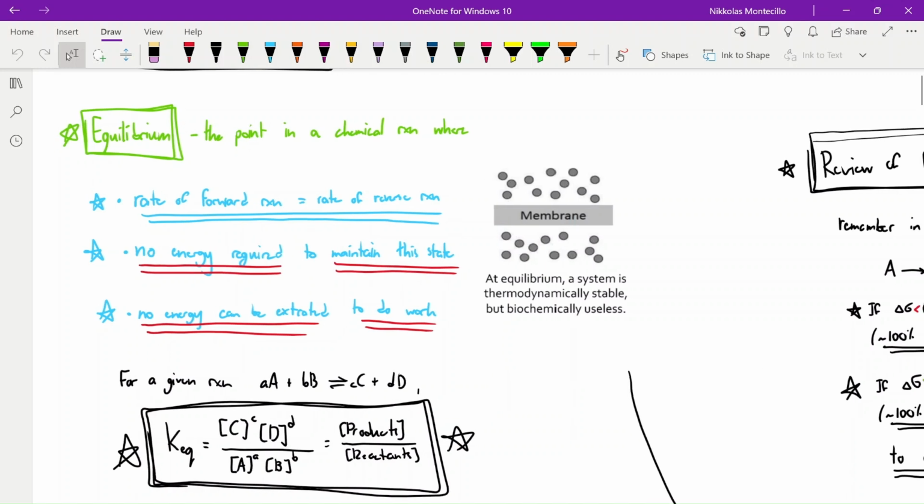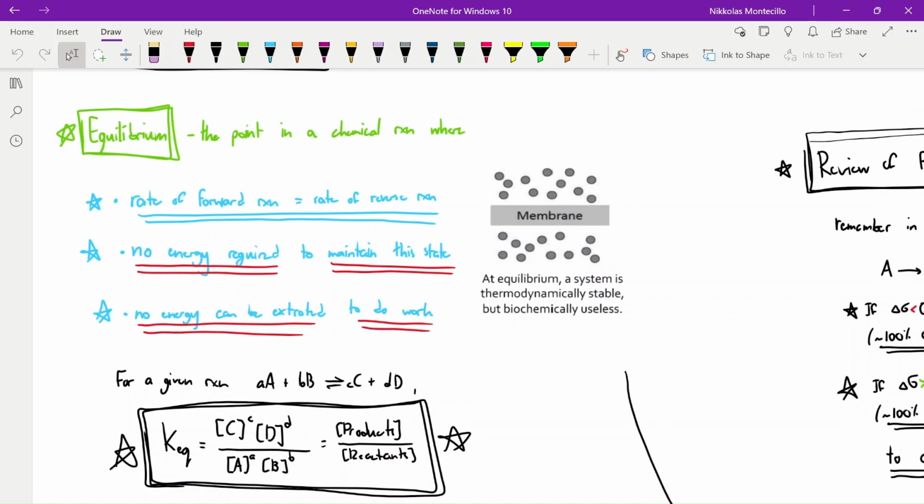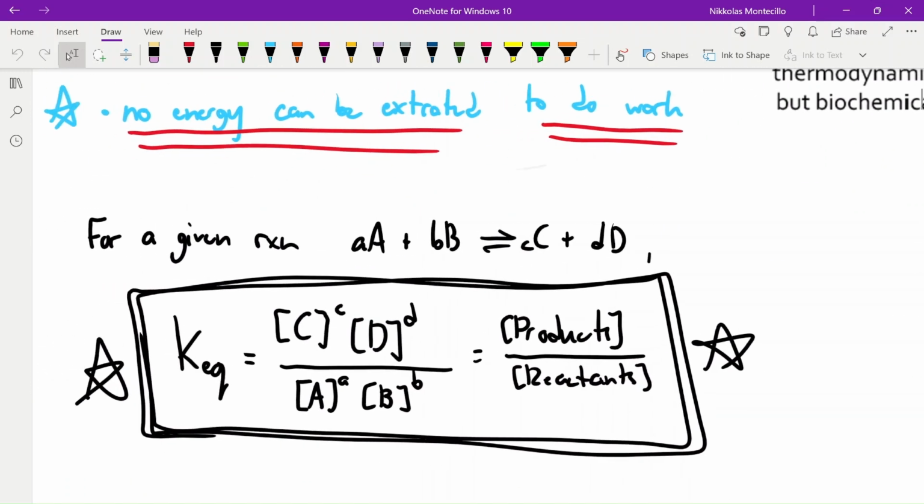So for a given reaction of A plus B is converted into C plus D, the equilibrium constant is equivalent to the concentration of the products over the concentration of the reactants, as shown below here, where lowercase letters are also representative of the coefficients, and you can see here down below that the coefficients actually are represented in powers when we describe the equilibrium constant.